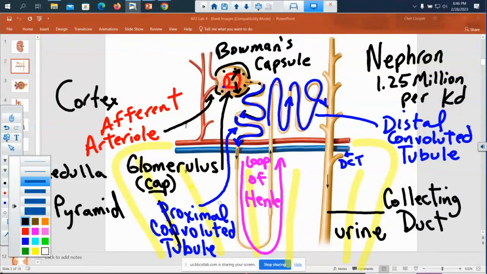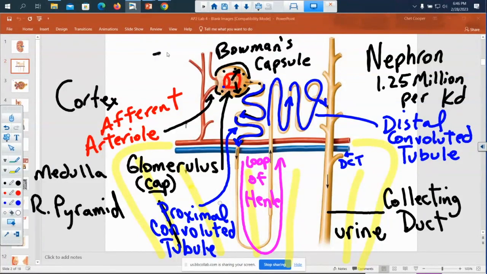And the opposite of afferent, the word that means going out, yes, efferent. Efferent arteriole. And so that's it. You got it. That is our complete markup of a nephron.